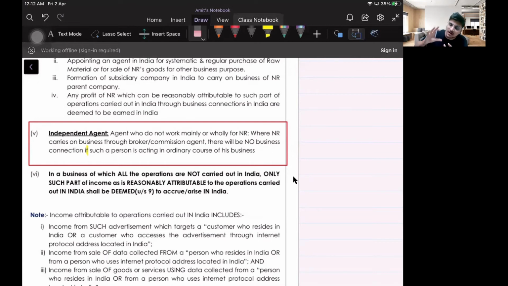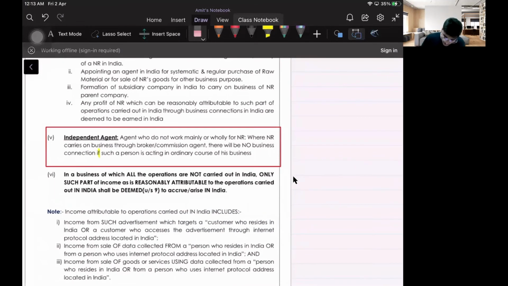Is he working only for the non-resident? No. Which means he is an independent agent. And if he secures orders for all the other non-residents, not only him, then in that case, that independent agent will not be considered as a business connection, because he is an independent agent. Correct? This is your point number 5.